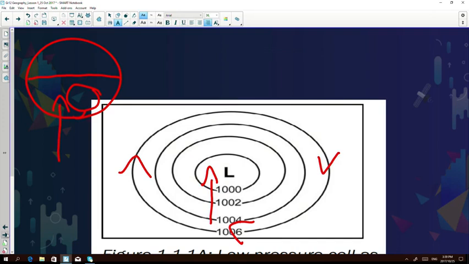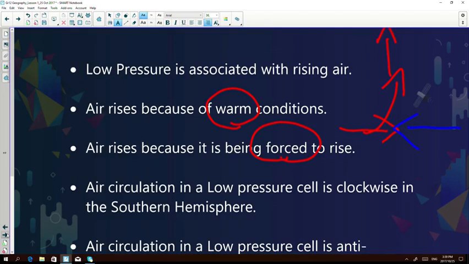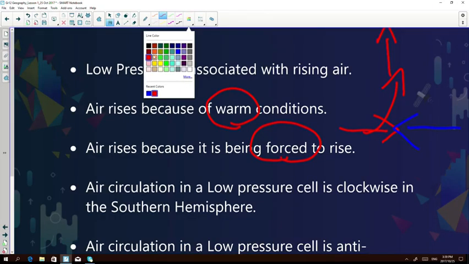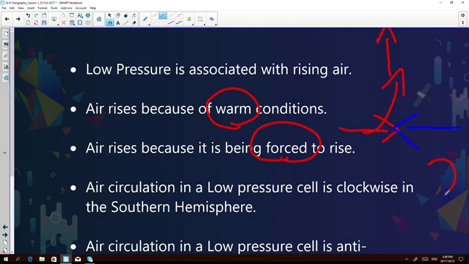Keep in mind, once again, the characteristic of these low pressure systems is usually warm air. The warm air rises. The air can rise because it's being forced to rise, and very importantly, in the southern hemisphere, a clockwise circulation of air is taking place. So air circulation in a low pressure system in the southern hemisphere is clockwise.